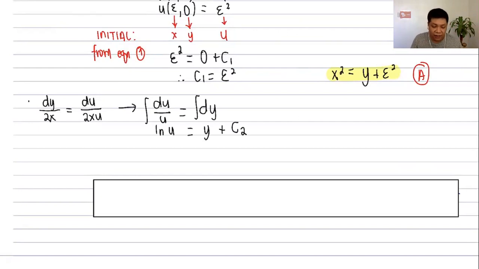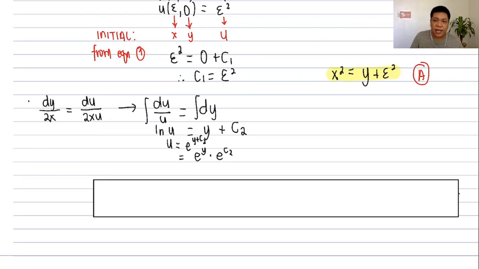Now, I can rewrite this. You should agree with me when I say, reviewing your math skills, we can also write this equation as u is equal to e raised to y plus c2. Correct? And please remember that e raised to y plus c2 is actually a multiplication property: e raised to y times e raised to c2.